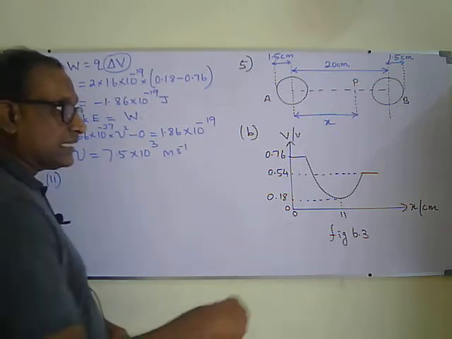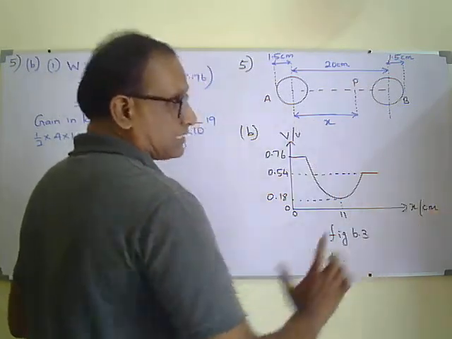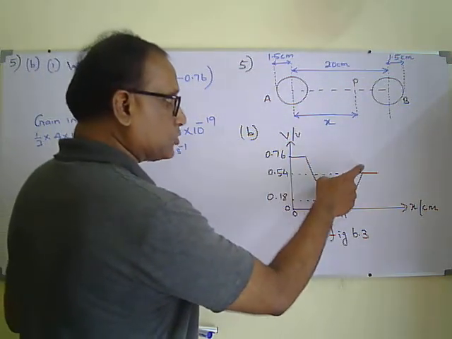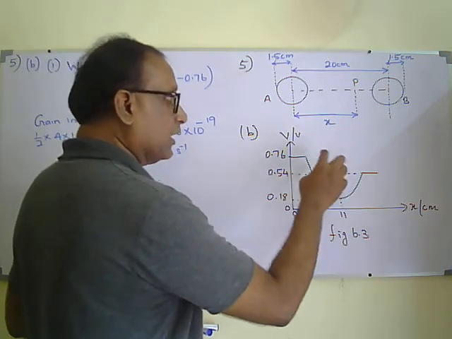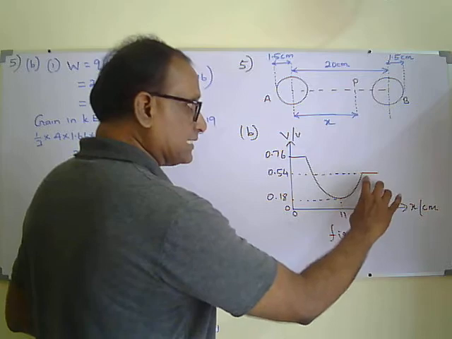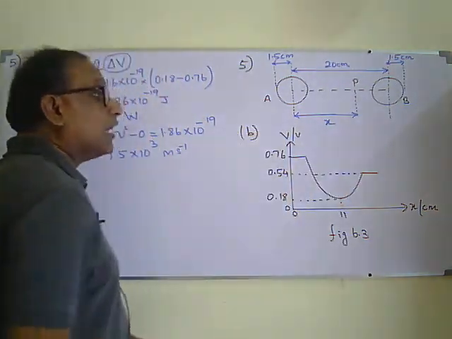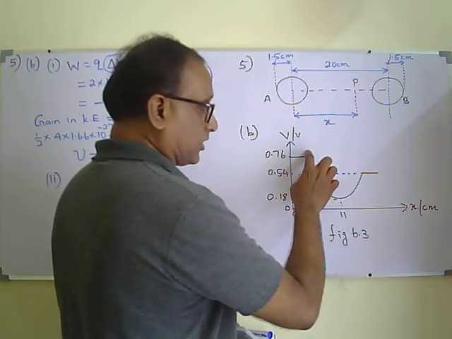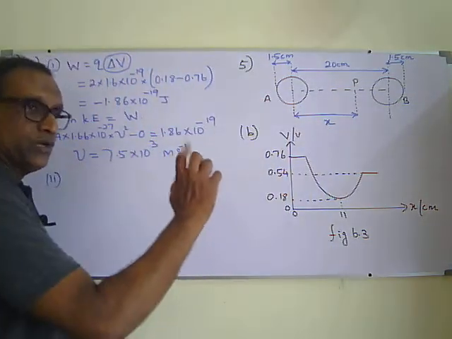If you want, you can consider these 2 points and find the final speed. Compared to these 2 points, this is the smaller potential, this is the larger potential. This is the potential at B. If I consider these two potentials, I will get a final velocity greater than the initial velocity, because final potential minus initial potential is going to be a negative quantity.